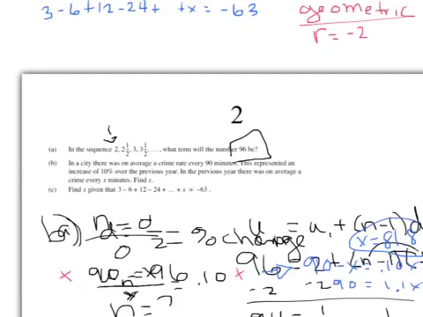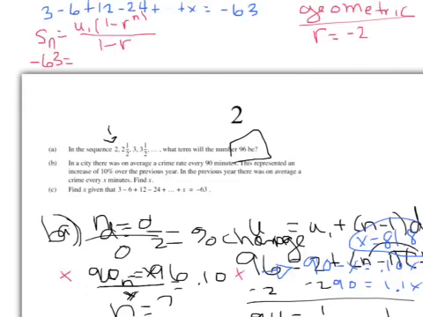Okay, so when I look at the sum formula, the sum for a geometric series is going to be u1 times 1 minus r to the n all over 1 minus r. So I'm going to plug in what I know, which I know the sum is -63.